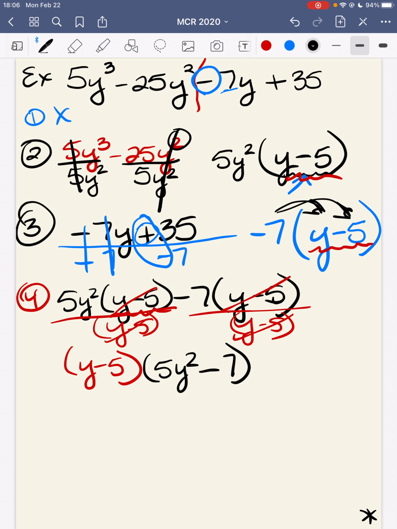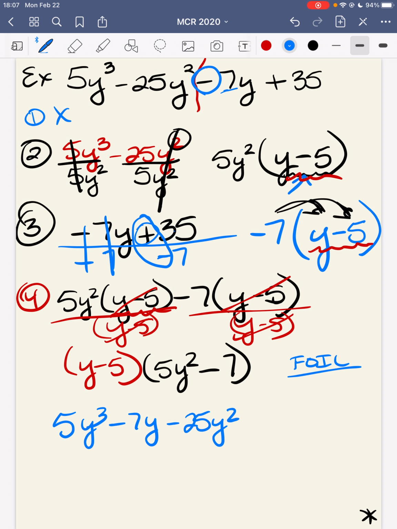Right. Now I should be checking this. Right, so that means I need to FOIL to check. And I encourage you to go ahead and FOIL on your own, but I'll get 5y to the third minus 7y minus 25y squared plus 35.